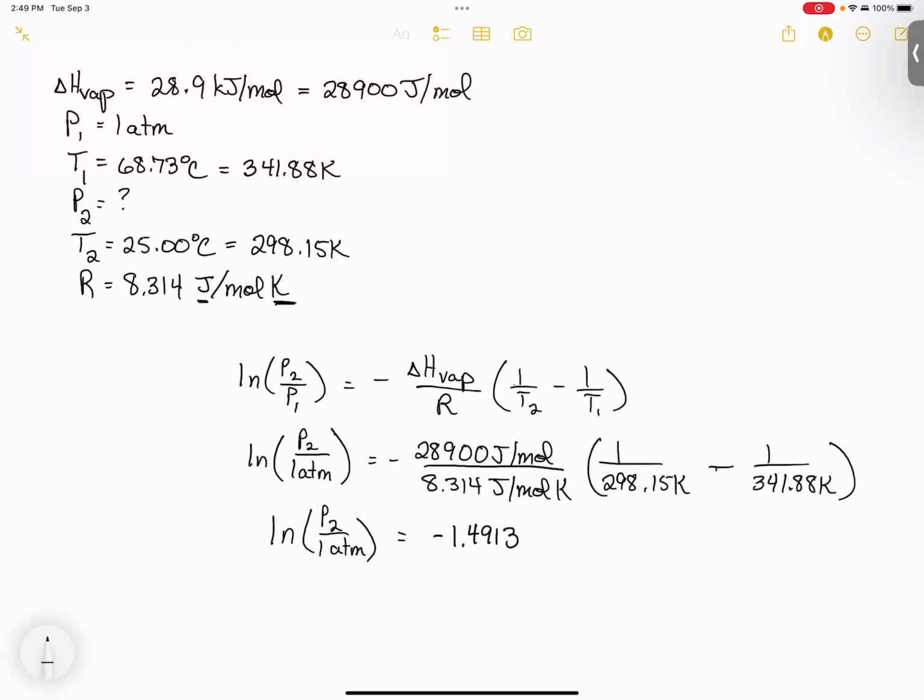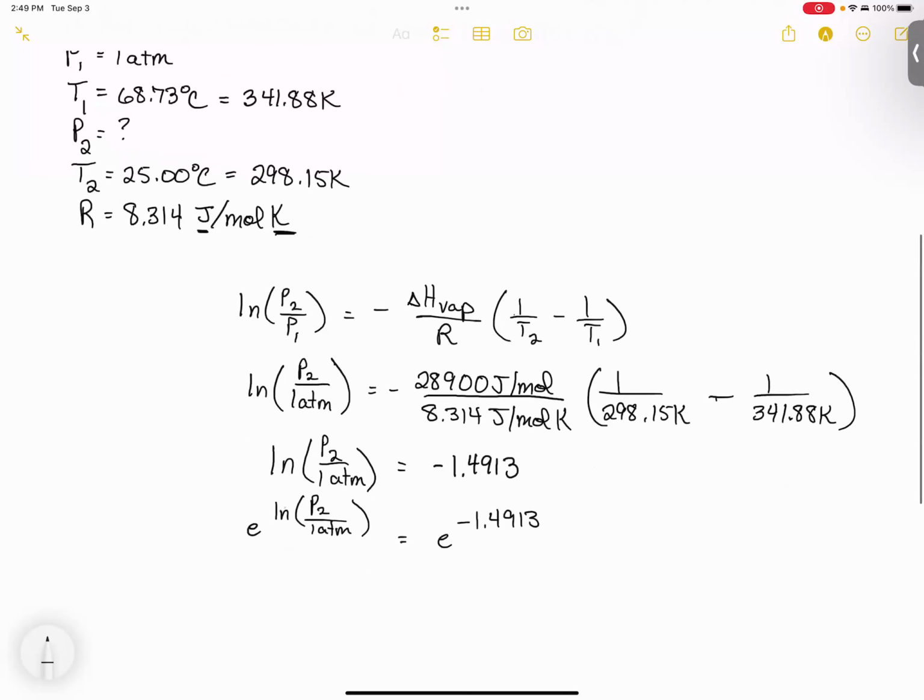Now, to get rid of the log, we have to take the opposite. If you have always been confused about what the opposite is, you can look at your calculator, find the natural log button, and what's above it is its opposite. So we take e to the natural log of P2 over 1 atmosphere equal to e to the negative 1.4913.